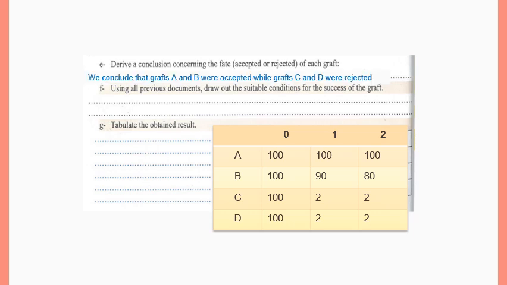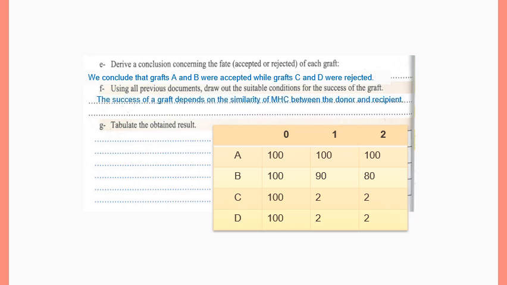We conclude that grafts A and B were accepted while grafts C and D were rejected. Why? Since in grafts C and D, the percentage of survival of grafted cells decreases to approximately 0 after 2 years.